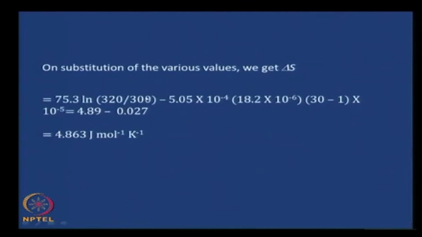It is also nice to note the relative contribution of the values. Here you get 4.863 joule per mole per Kelvin for delta S.